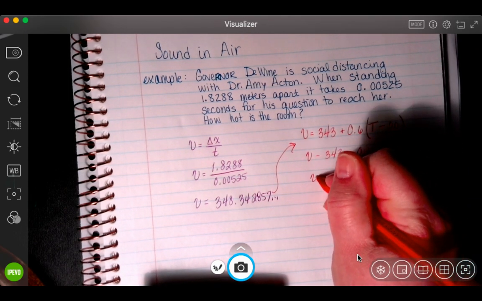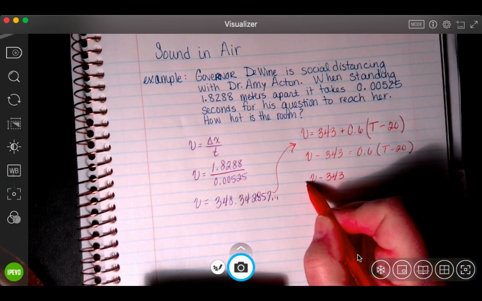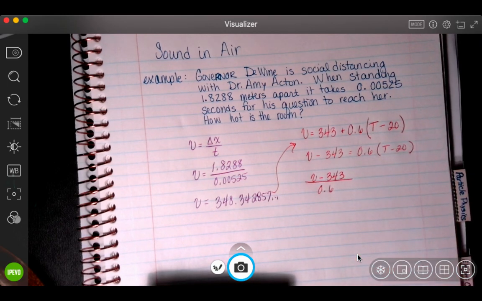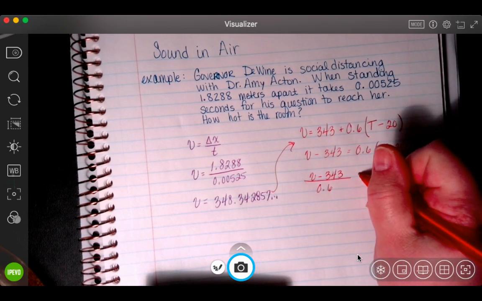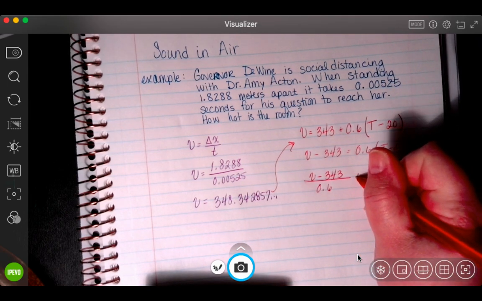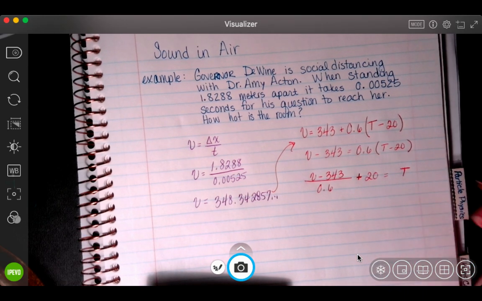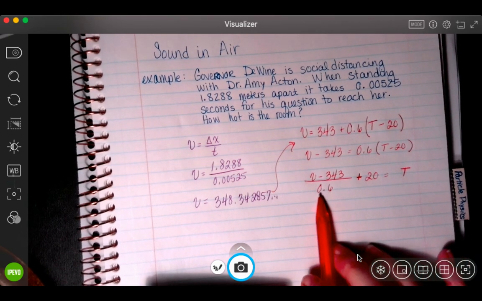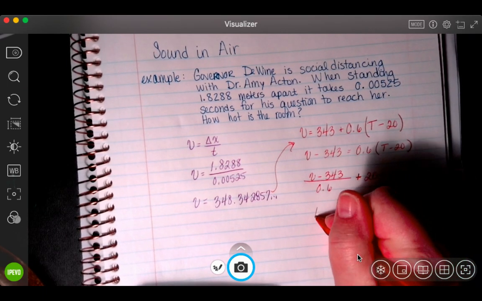Or take my velocity minus 343, divide the whole thing by 0.6, and then I would be left with T minus 20 on the other side. So I can move the 20 over to the left-hand side by adding it to both sides, which gives me my temperature would be equal to the velocity minus 343 divided by 0.6, that whole quantity plus 20.